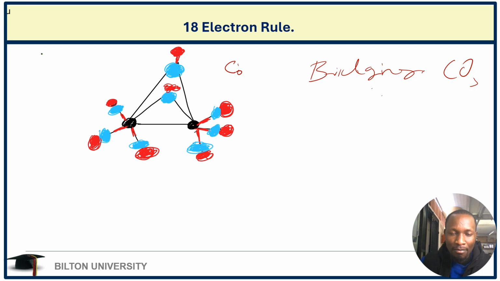Our metal here is cobalt, and we have seen cobalt is d9. So let's identify our bridge. This is our metal, but then we have this carbonyl here. This carbonyl is bonded to this metal and also to this metal, so it contributes 1 electron to each metal. This is our first bridge.